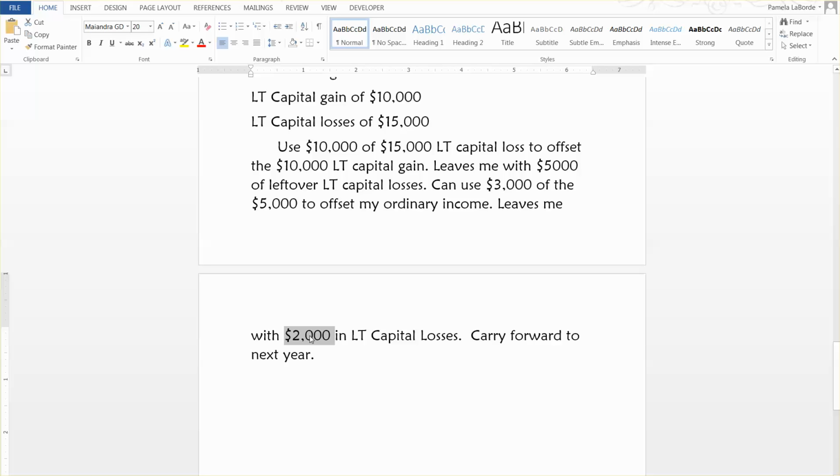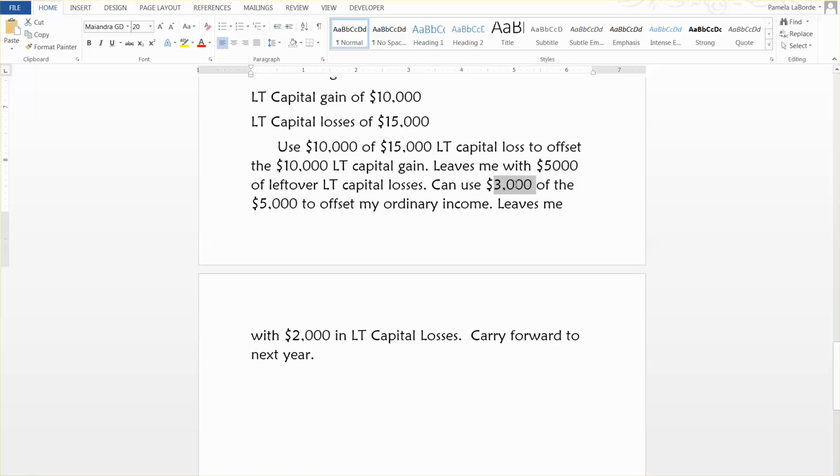So it'll reduce the taxes that I owe on my ordinary income, only because it's less than $3,000, because the rule is I can only use up to $3,000 to reduce my ordinary income. If this had been, I don't know, $25,000, this would leave me with 15,000 here.